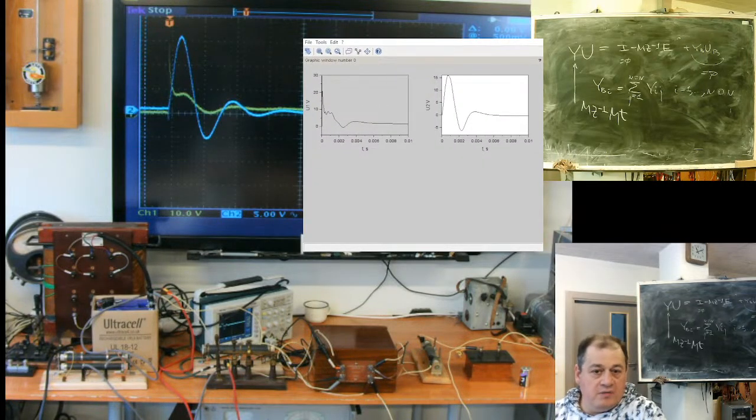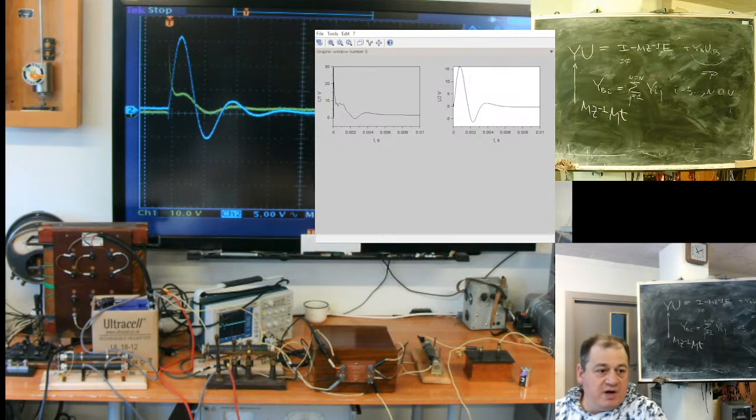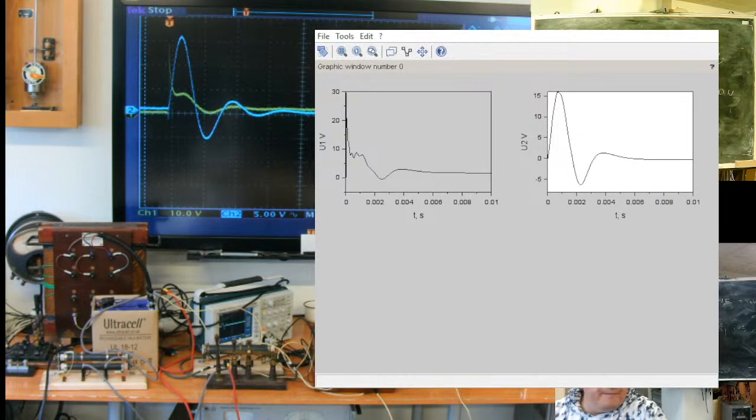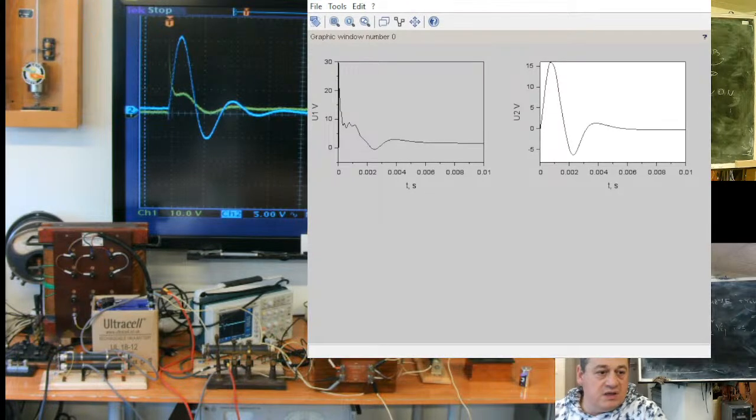Online, I'm comparing calculus results. The first one is the yellow line, the second one is the blue line.